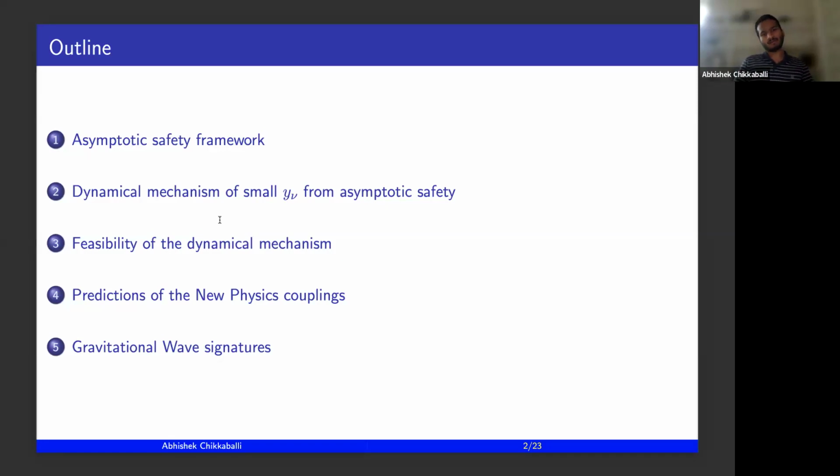And then we will see the kind of predictions that we have for these new physics couplings in the extension of the standard model, and how these predictions vary based on different UV complete scenarios. Later, I will briefly review how we can compute the gravitational wave spectrum for the predictions that we have. And then we'll see if it is possible to distinguish different UV complete scenarios with these kinds of gravitational wave signatures.